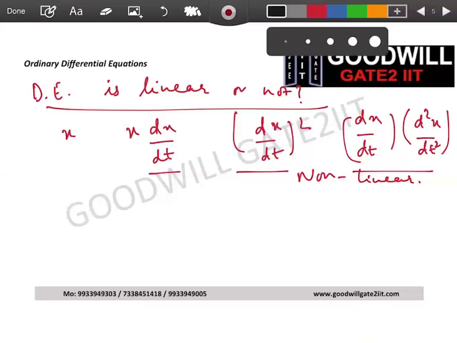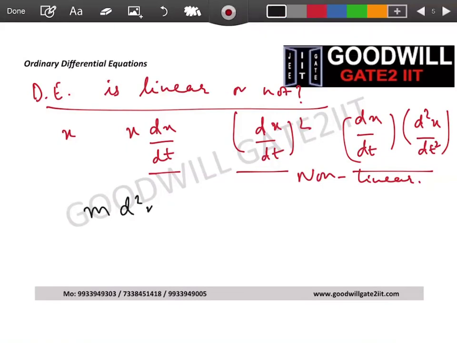Let's see our original differential equation that we took as an example, m d square x by dt square plus c dx by dt plus kx. Guys, please tell me whether this is a linear equation or not.